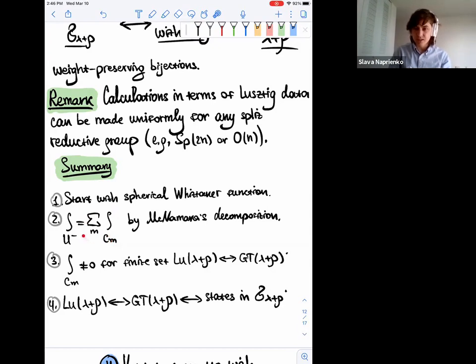In this part, I didn't tell you how I decompose these things, but there are many ways. And I picked a good one. If you pick a bad one, it is not true that only finitely many integrals are going to be non-zero, giving a non-trivial contribution. Generally speaking, the third step is going to fail. So we don't have a chance of getting any sort of finite combinatorial formula.